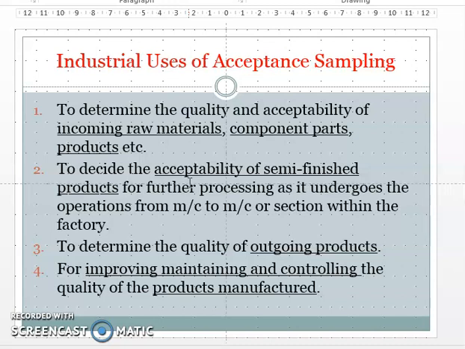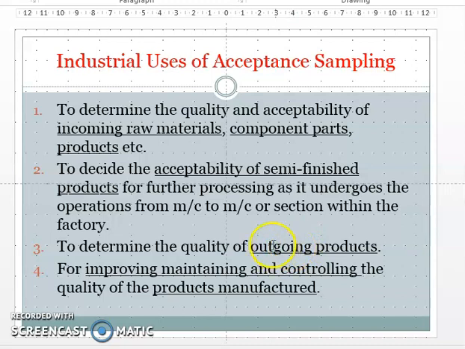At that time you have to decide whether it has good quality and is acceptable or not acceptable. You have to decide that here, as well as the outgoing quality of the products, that after whole manufacturing of the product, now it goes to the customers.